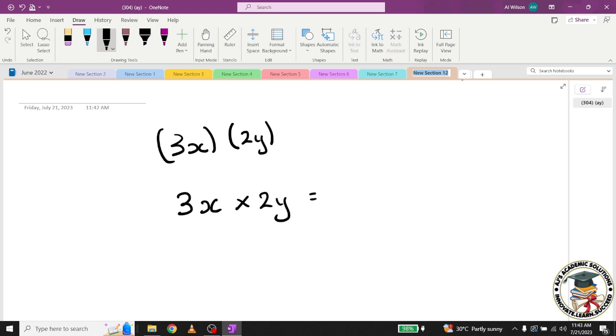Now again, what are your variables? We notice that the variables in alphabetical order are x and then y. Looking at our coefficients, we have 3 times 2, which is 6. Therefore, the answer is 6xy.